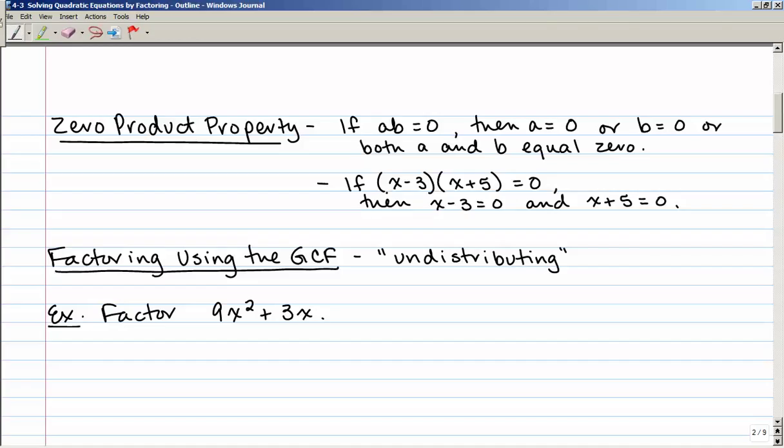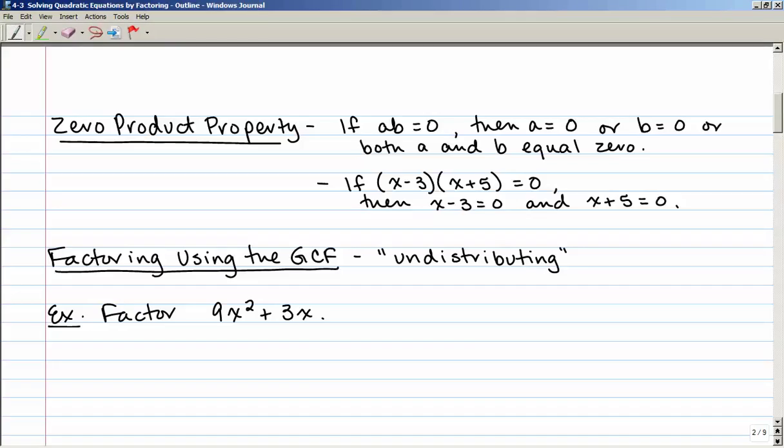So that means if the quantity x minus 3 times the quantity x plus 5 equals 0, then we need to say that x minus 3 equals 0 or x plus 5 equals 0. This is going to be an important property to use when we go to solve quadratic equations.